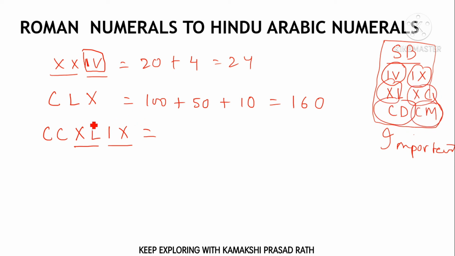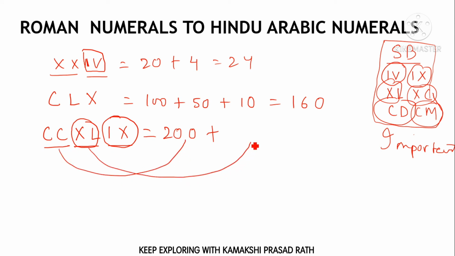We can see here we have two groups: one is XL, one is IX. We'll separate them. CC is 200, XL is 40, IX is 9. So 200 plus 40 plus 9 gives you 249.